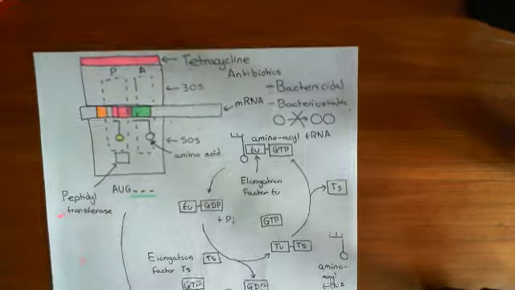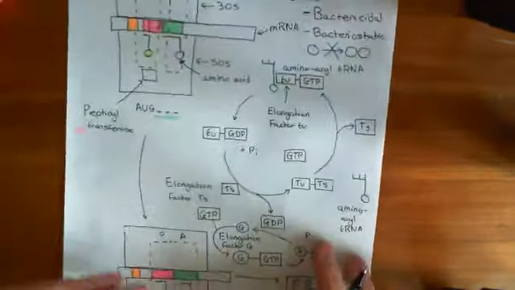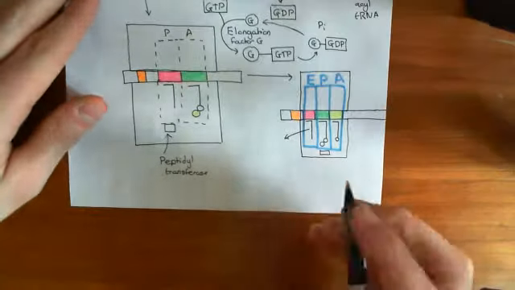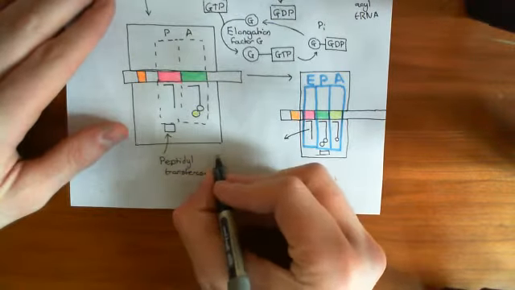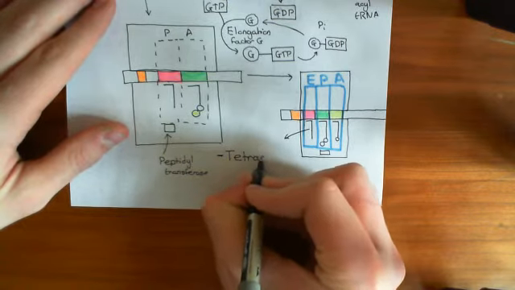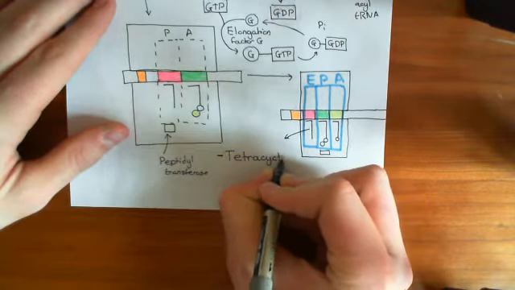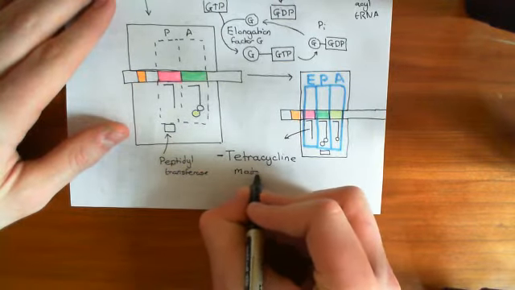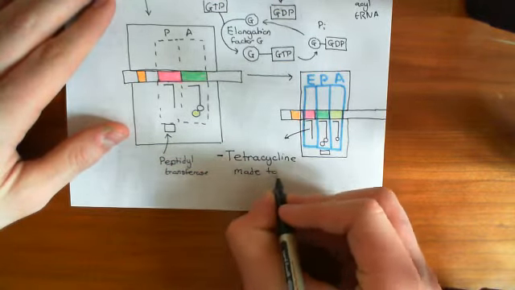Okay, so we'll finish with just a few examples of tetracycline antibiotics. Let's write them down here. There is the original tetracycline. The original tetracycline is made by Streptomyces species. So it's the natural one.